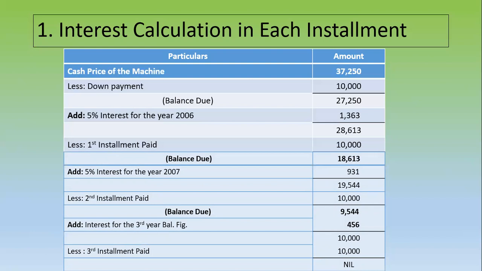So here we need to take, as per the conditions, the balancing figure because the installment values are equal and third year also you are going to pay 10,000 only. So instead of calculating the 5% interest, we need to take the balancing figure as the interest for third year. So 10,000 minus 9,544, you will get 456. Right? So this is how we need to calculate interest for each installment value.